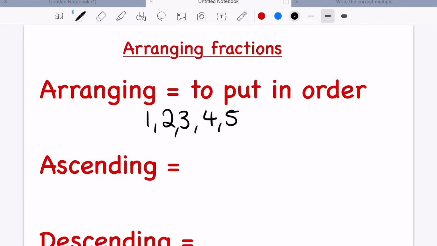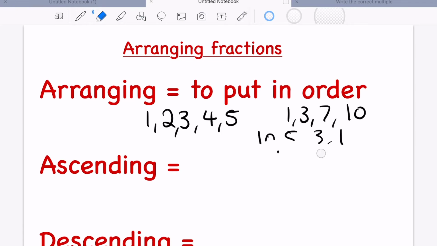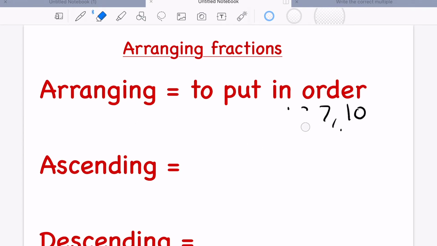Or we can also say 1, 3, 7, 10. Or we can also say 10, 5, 3, 1, like that. So arranging in order, we can do in different ways. But the most important part is what it asks you to do in this section.